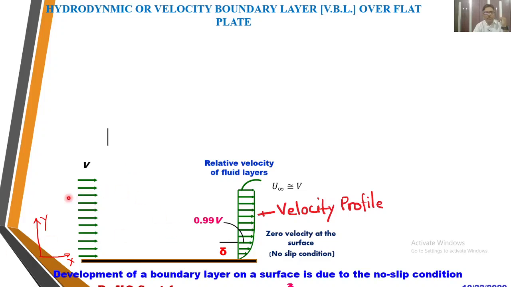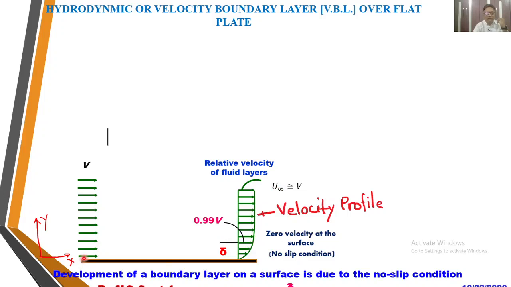Let the fluid be flowing over this flat plate with a free constant velocity v, which is identically equal to the free stream velocity u infinity at some distance away from the flat plate surface.